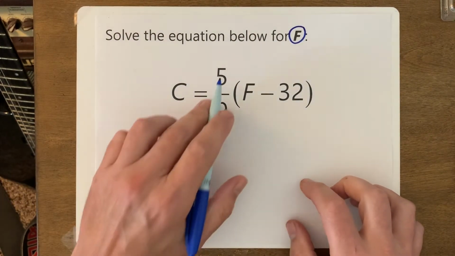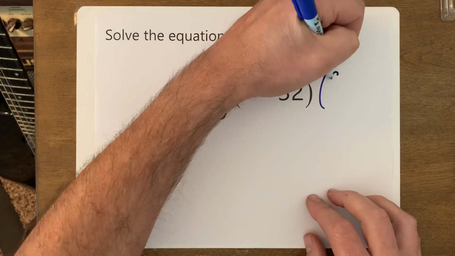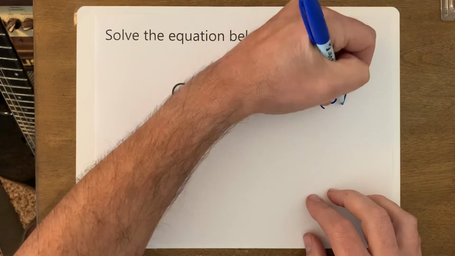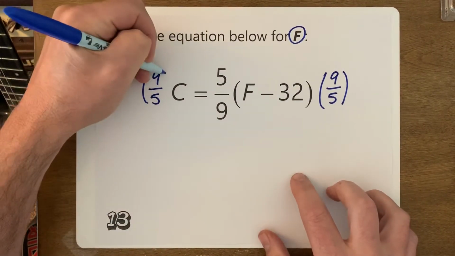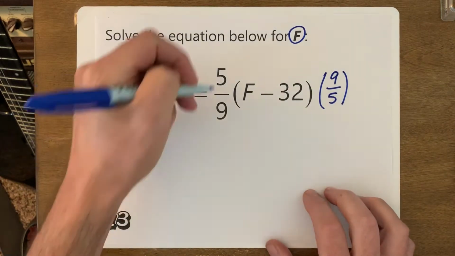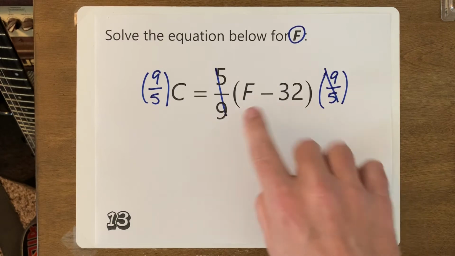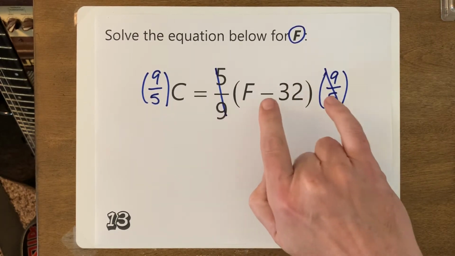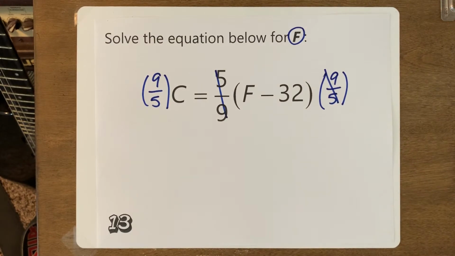To get rid of that 5/9, I'm not going to divide by it. I'm going to multiply by the reciprocal, which is the multiplicative inverse. I want to use that language as much as possible so you get used to it. These guys, even though they're not right next to each other, they cancel out because multiplication is commutative, and so these two can be swapped, and these two guys are going to cancel each other out. They're going to make 1.